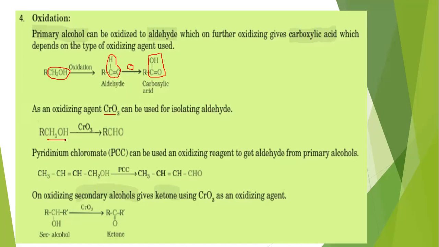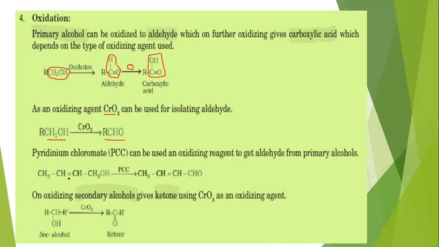So this is the reaction. Primary alcohol in presence of oxidizing agent chromic acid gives the corresponding aldehyde. Pyridinium chlorochromate, PCC, can be used as an oxidizing agent to get aldehyde from primary alcohols.